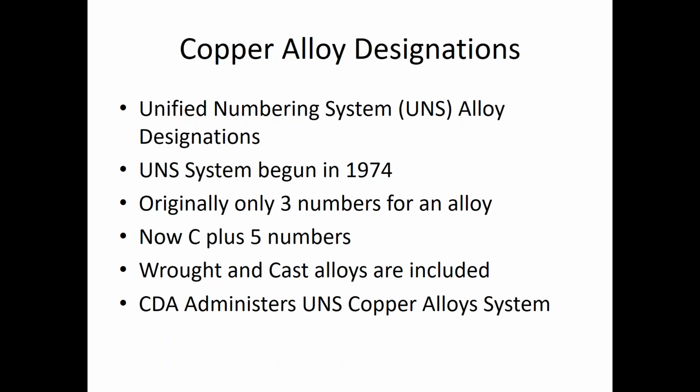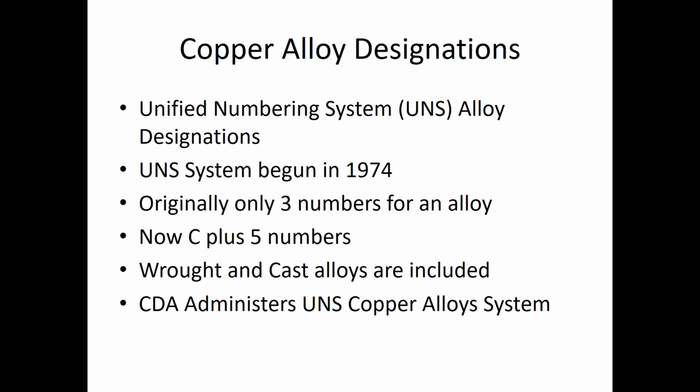Originally, there were only 3 numbers for an alloy, like 260 brass was 260. Now you have C, which means copper, plus 5 numbers. So it's C26000 for 260 brass.